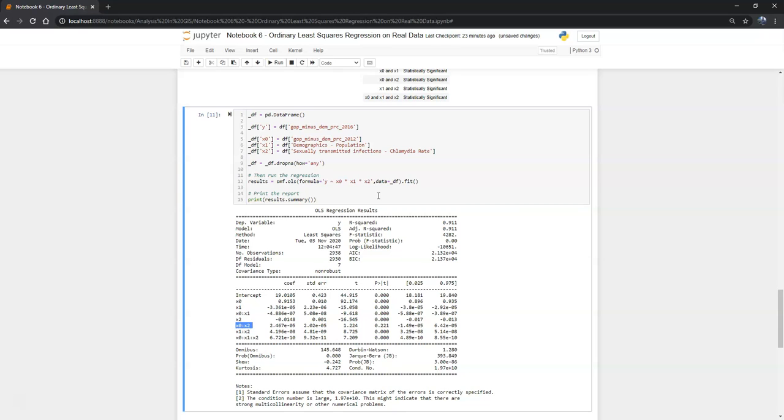You can have variables that are what are called strongly collinear, meaning that the variables themselves are related. Generally, we want to avoid having redundant collinear variables in a regression.